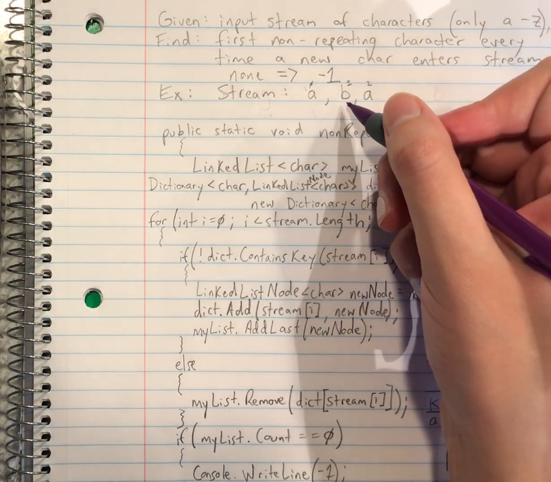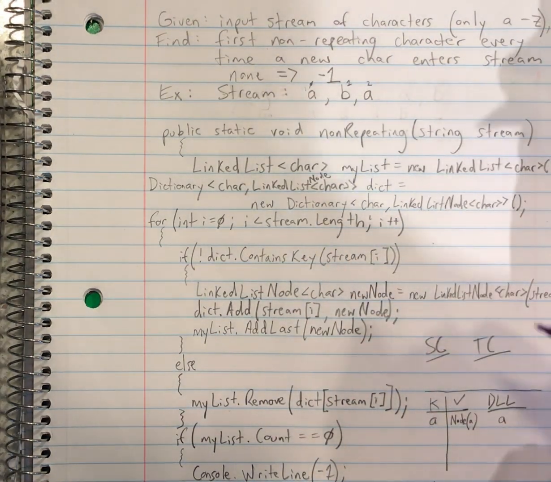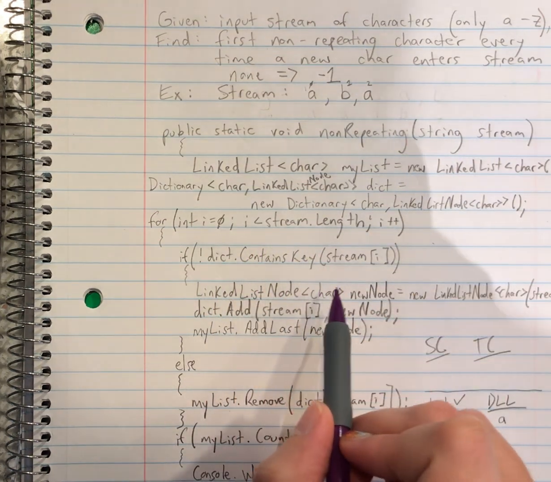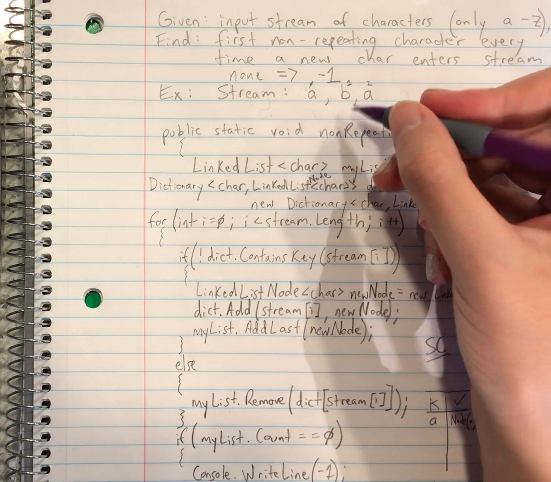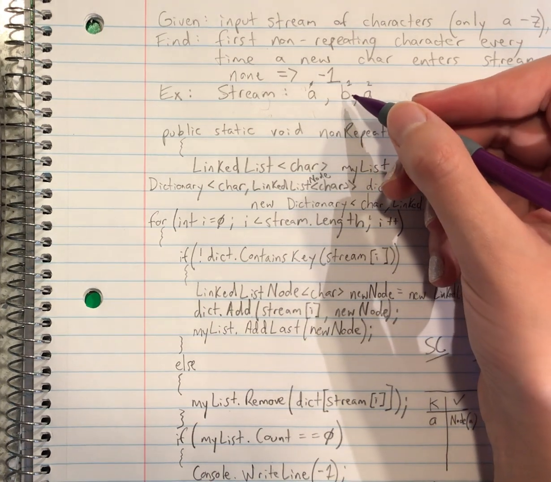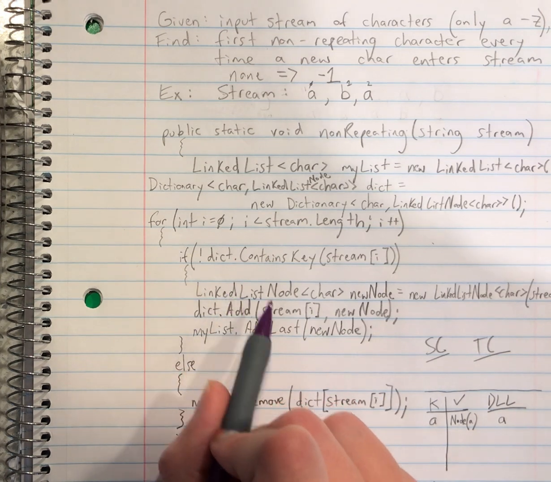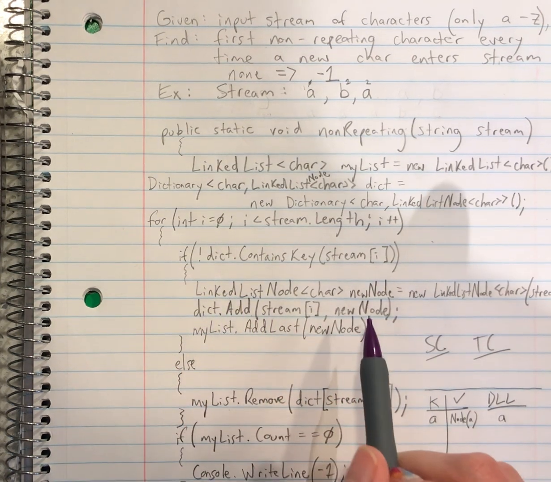And the console has first printed out A, which is great. Moving on to B. So if dictionary contains stream of i, i is 1, stream of 1 is B, the dictionary does not contain B, so we enter this if statement.